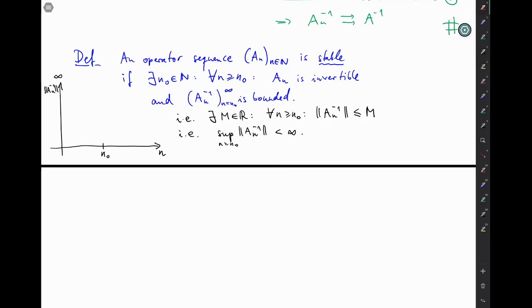So our plot is assuming infinity, maybe sometimes, not all the time when n is less than n0, but maybe a couple of times. In the other cases, it's something finite, who knows. But the key is that once you've reached this point n0, then you will not see infinity anymore, just finite stuff. And moreover, that finite stuff is limited from above by some number that we denoted as capital N here.